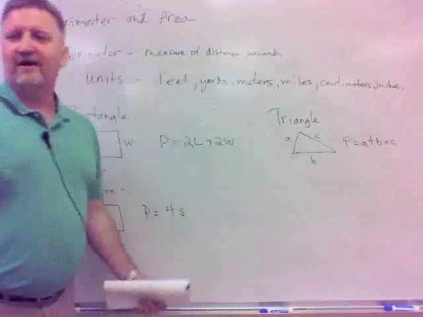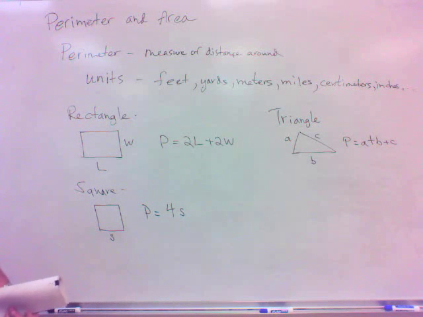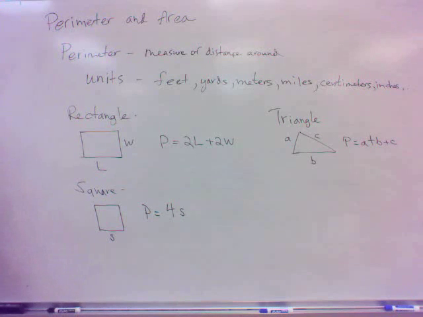A couple of them may be the same, as with an isosceles. If it's an equilateral triangle, all the sides are the same, so you have 3S. So there are formulas for it, but that's the thing on perimeter. You can just add up the sides. Okay.